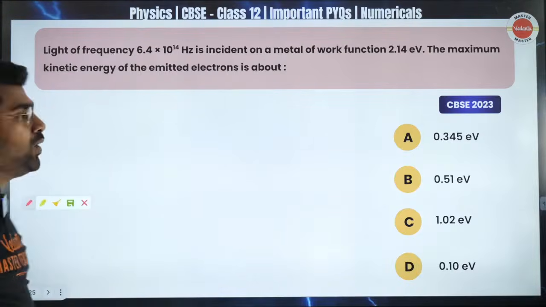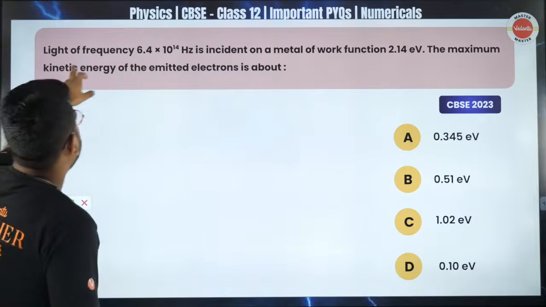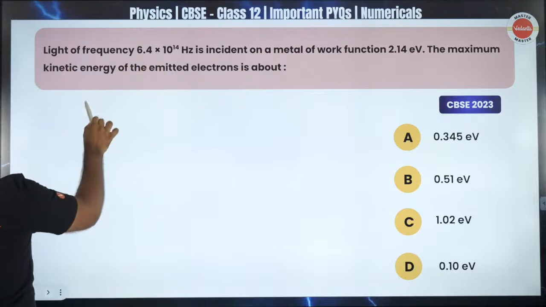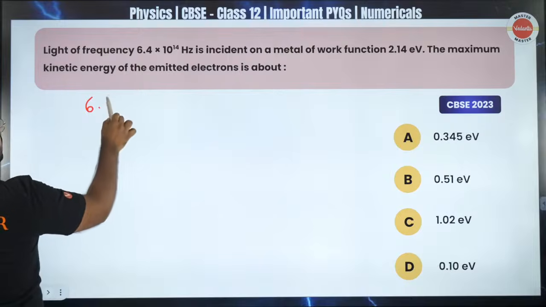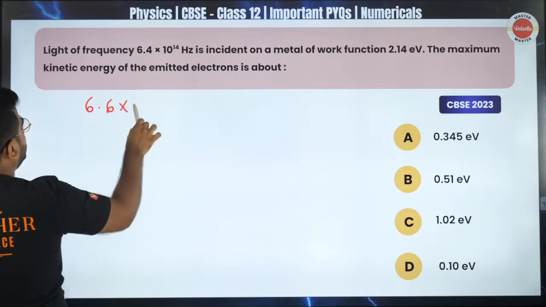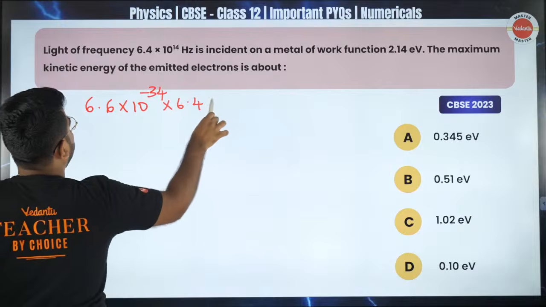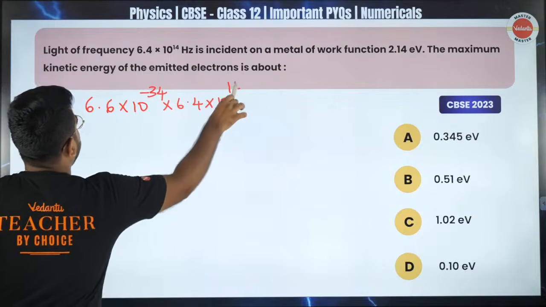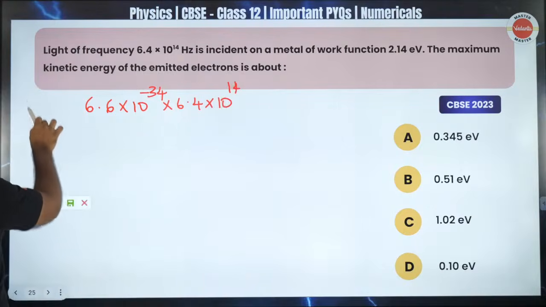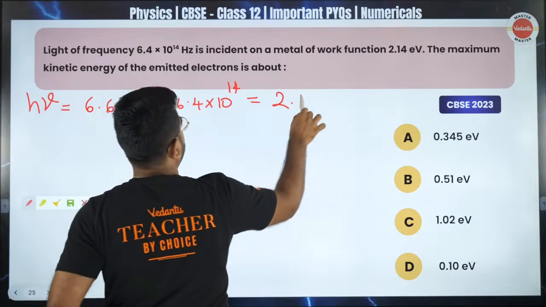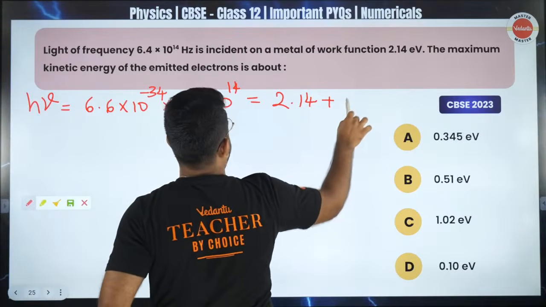Okay? So what is the answer here? This is the incident light frequency, so incident light energy is h nu. h is 6.6 into 10 to the power minus 34 into 6.4 into 10 to the power 14. So this is h nu in joules. h nu is equal to work function plus kinetic energy.